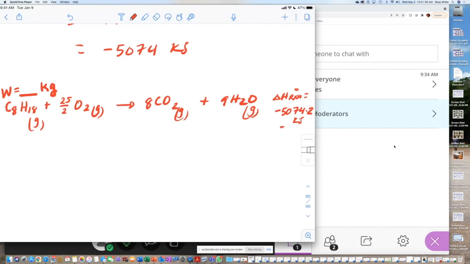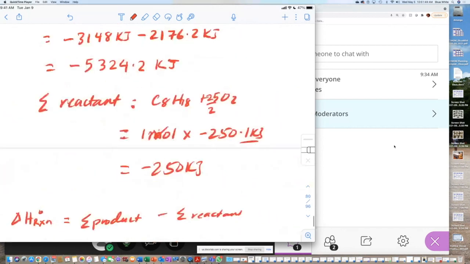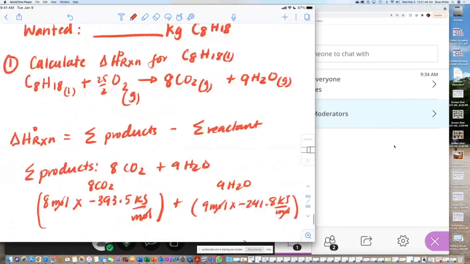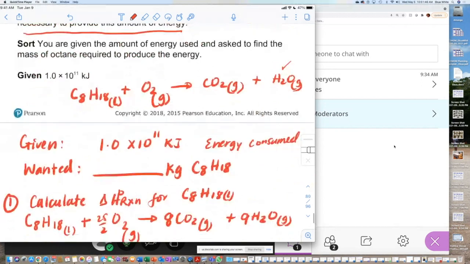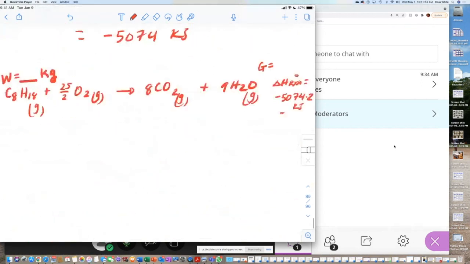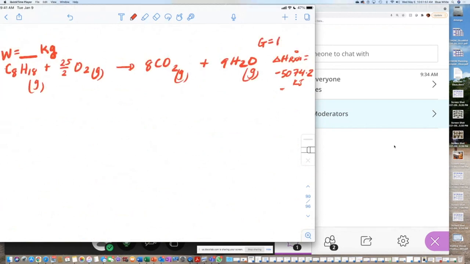So now we're going to say, we're starting a stoichiometry. Our given is going to be the number we had way back here, the 1.0 times 10 power 11 kilojoules. Okay, so starting with that, how many kilograms of octane?